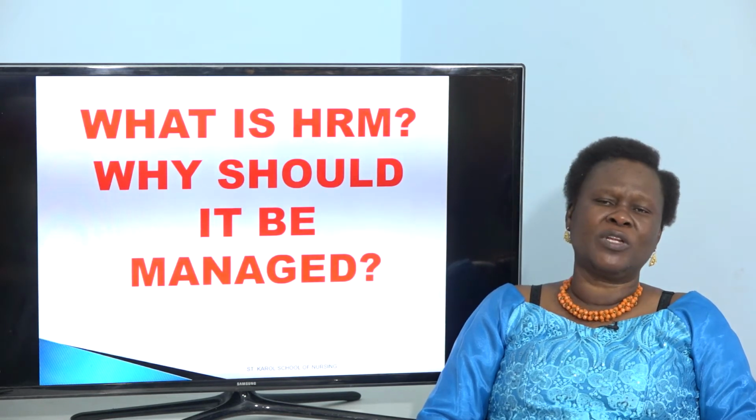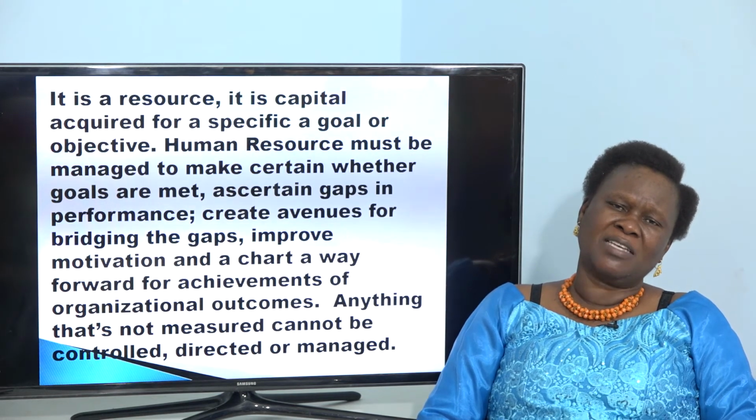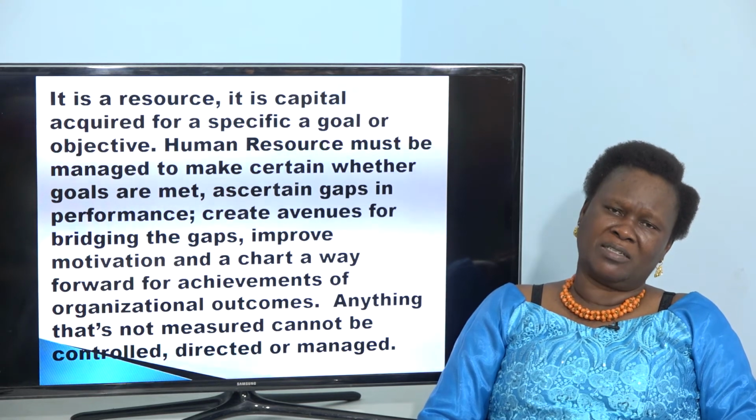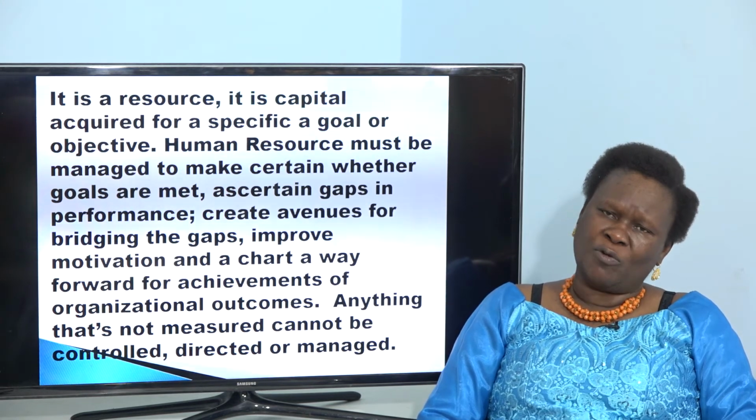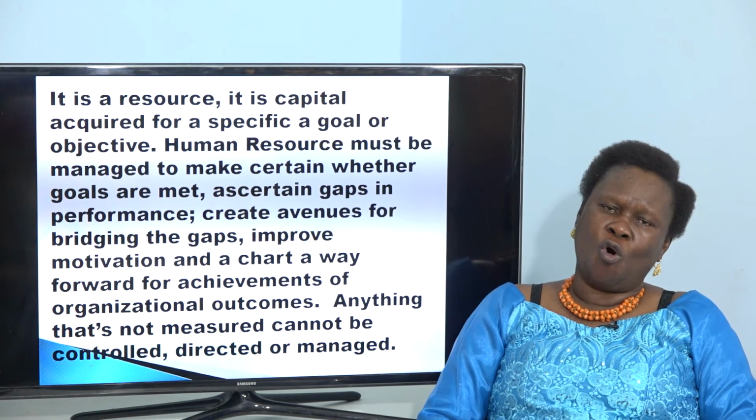So why should HRM be managed? Because human resource is human capital and it should be managed. It is a resource. It is capital acquired for a specific goal or objective.